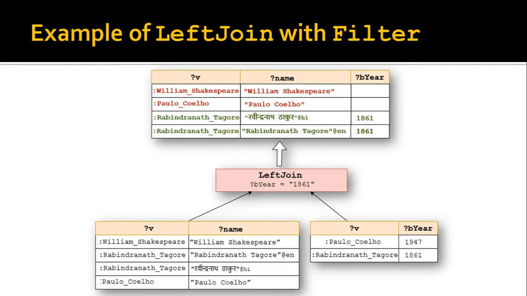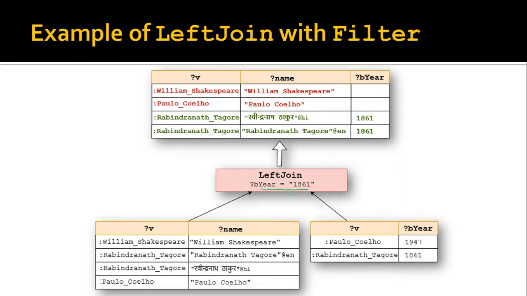So for the output of left join with filter, we have the same tables as input as we had in the earlier case, the simple left join. So here we have all the elements that we had earlier, but we also have one filter condition. The filter condition is that the birth year should be equal to 1861.